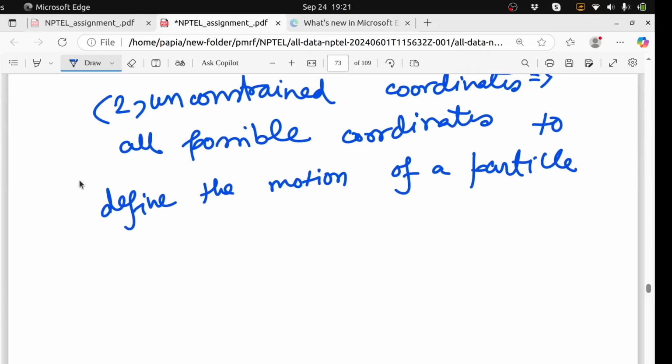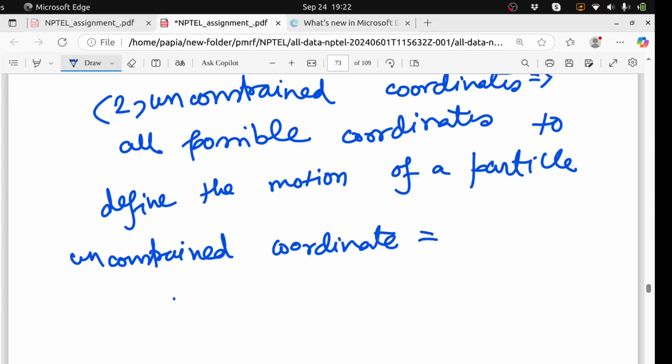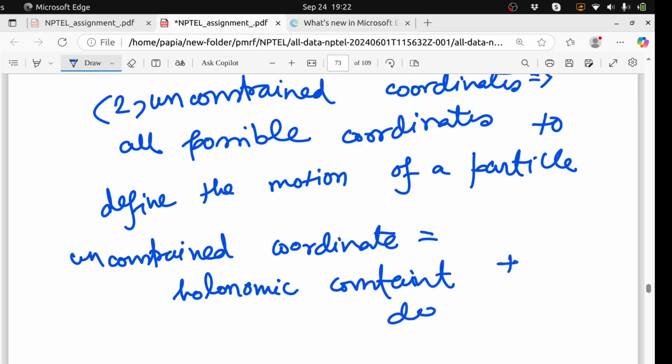So it will be like holonomic constraints plus degrees of freedom.